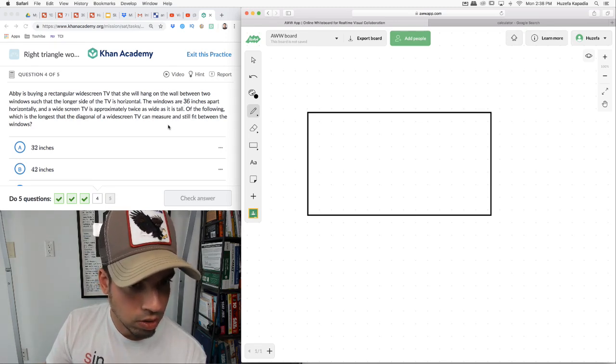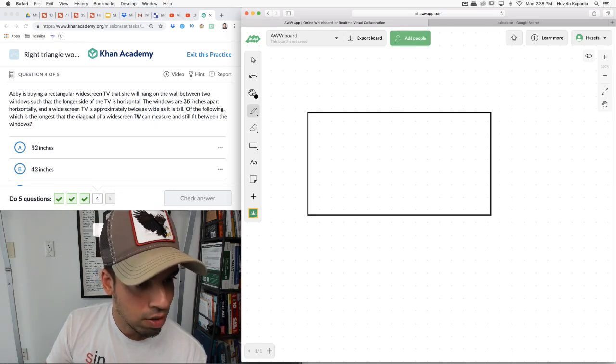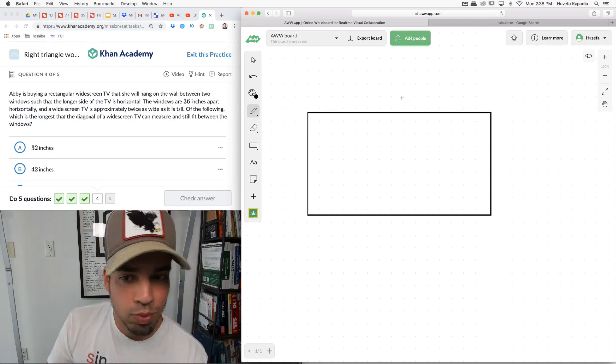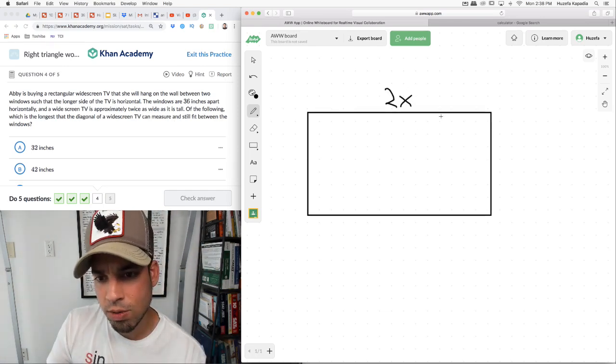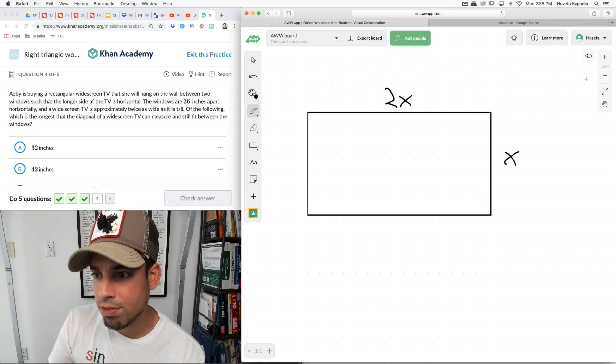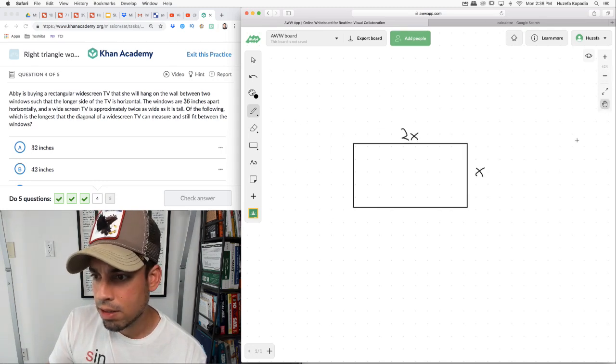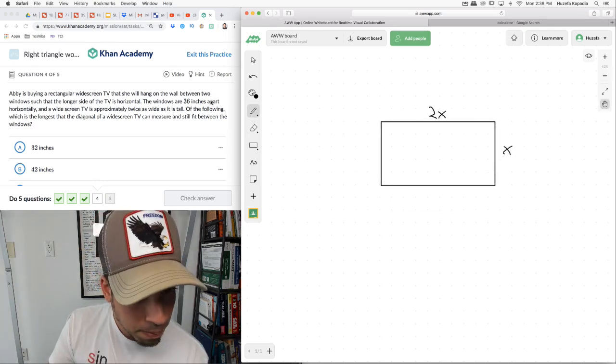The windows are 36 inches apart horizontally, and the widescreen TV is approximately twice as wide as it's tall. So we can even say this is 2x, this is x, and they're saying approximately. That's fine. Let's get these windows in here.